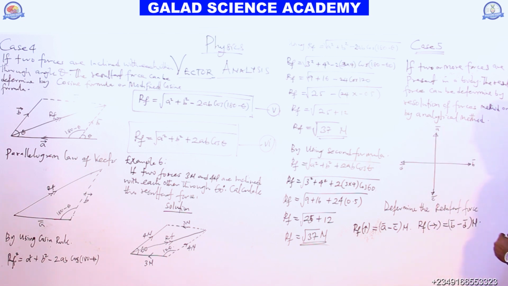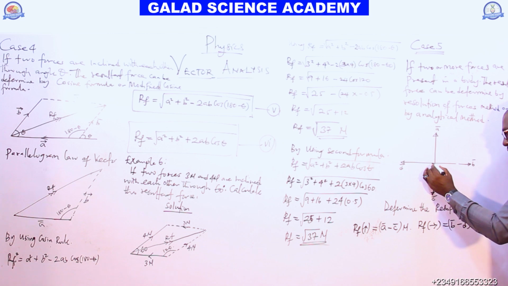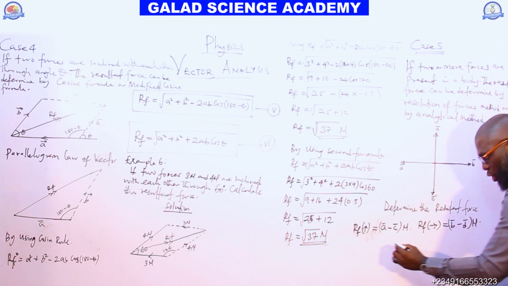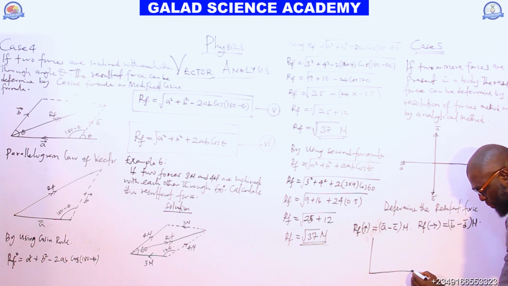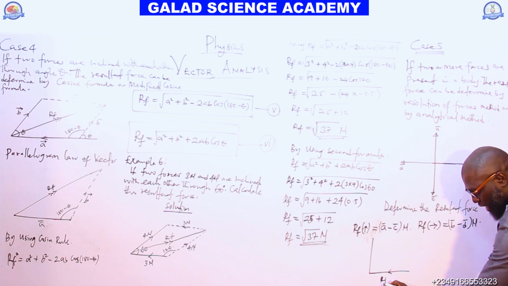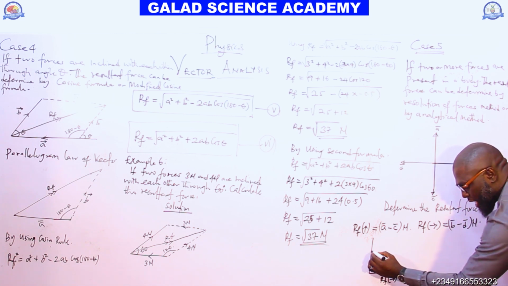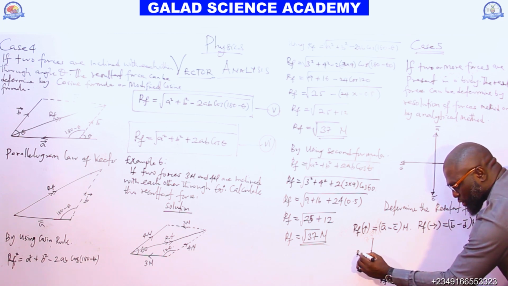The next thing is to redraw this sketch in vertical and horizontal form. This is the resultant force for the horizontal, and this one is the resultant force for the vertical.